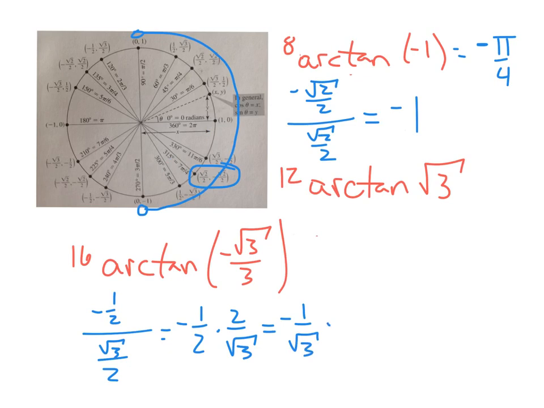We end up rationalizing like that. And so then there is our negative radical 3 over 3. Okay, so then we are at negative pi over 6.